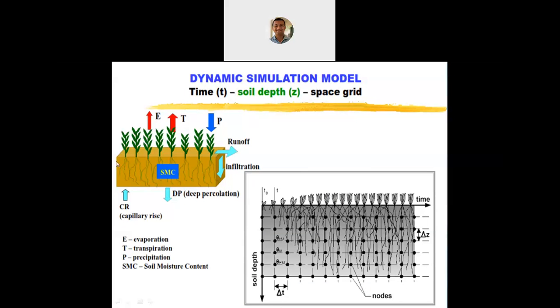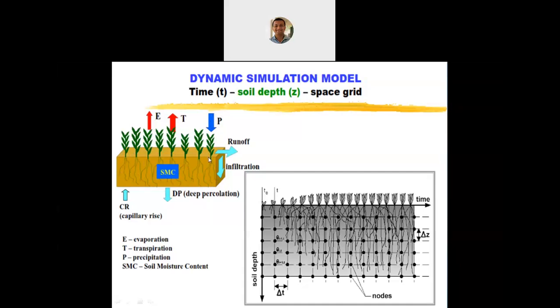Now, this is a representation of a dynamic model of the water budget, or the water and its flow within the soil, plant and atmospheric system. We can see that this is the soil and the plants are planted here. Water present in the soil is lost through evaporation and through transpiration.